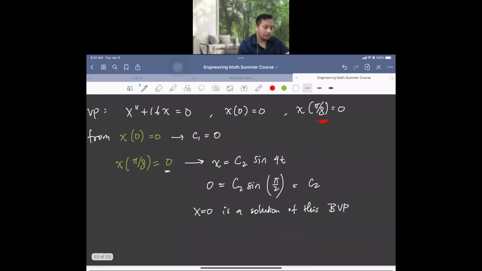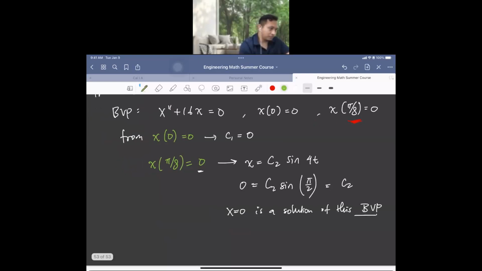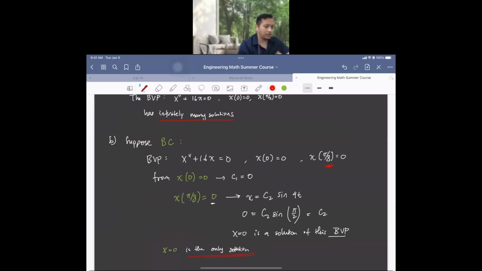So this is the solution for this boundary value problem, and we can also prove that x equals 0 is the only solution. Okay, that's the second case. It fits when it defines c2 itself, right?